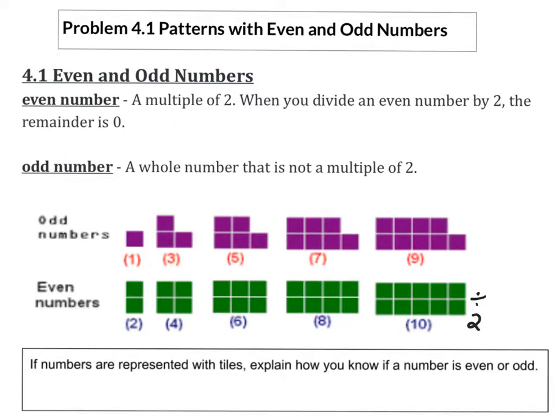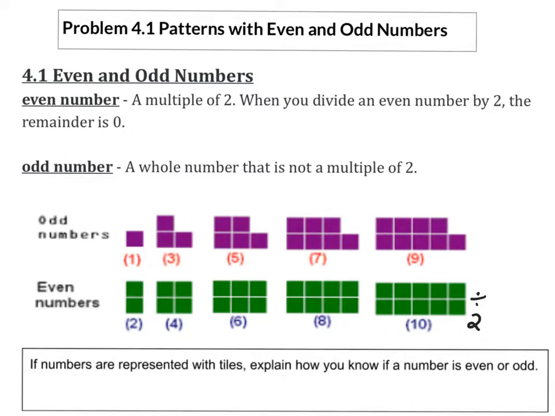What about odds? An odd number is a whole number that is not a multiple of 2. These are all examples with tiles of odd numbers that are not multiples of 2.